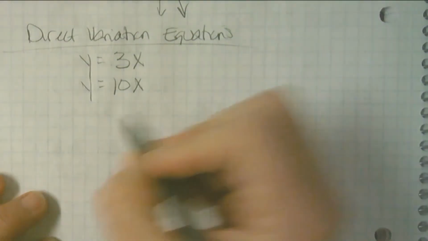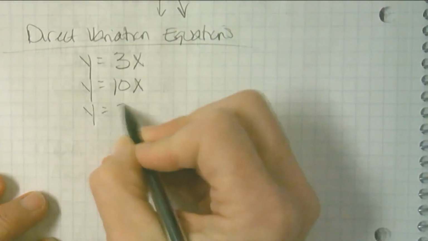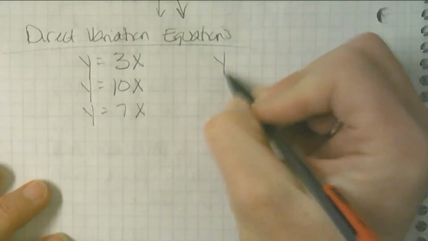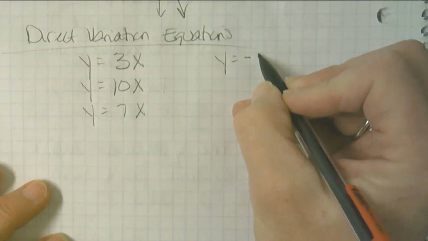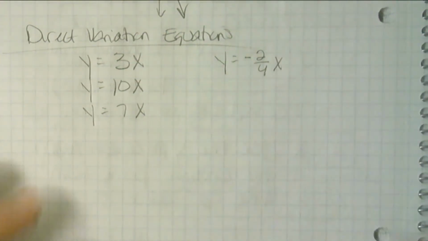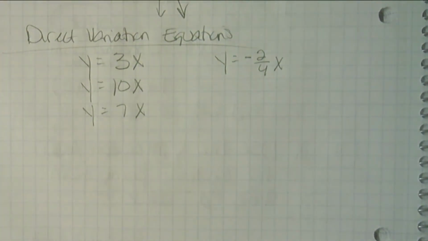Negative 2/4 x. Somebody give me another one. Doesn't matter what it looks like. I mean, it does, but it doesn't matter what number you use. Give me another one.